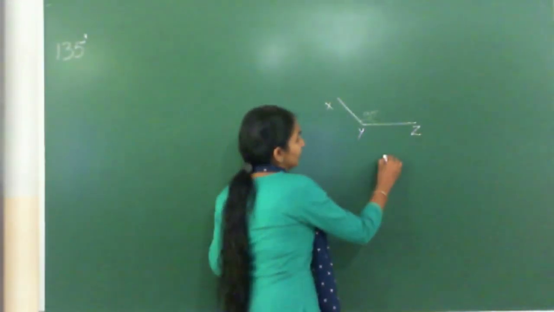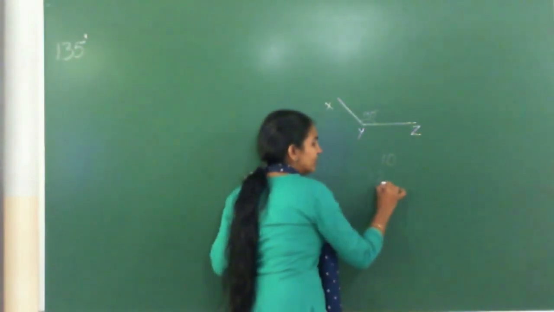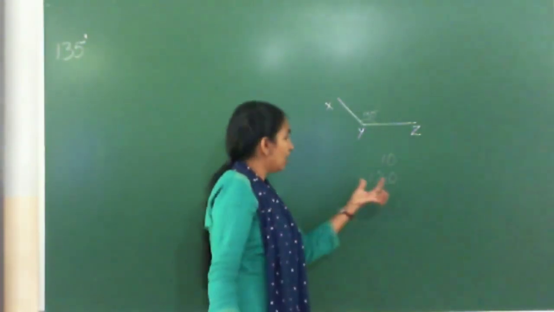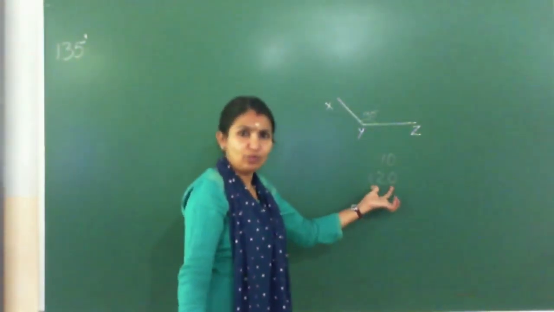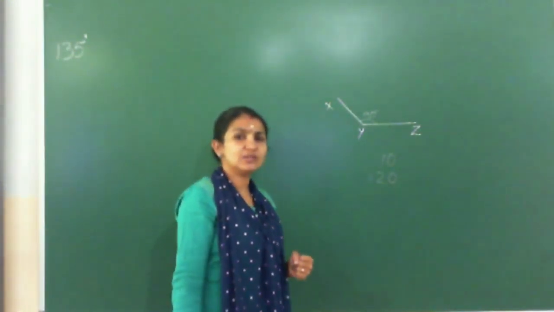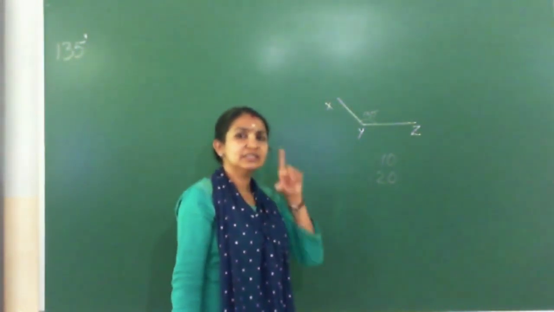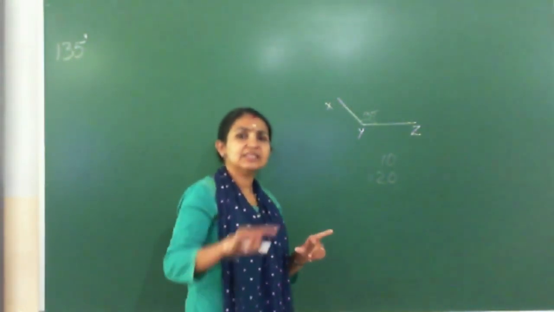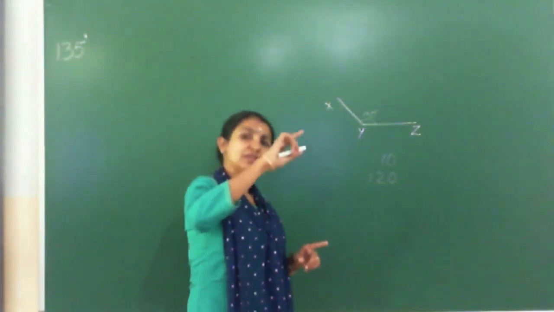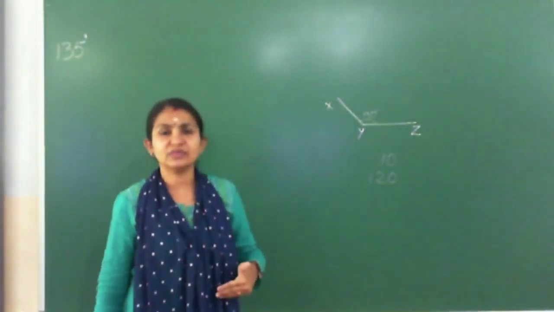We know that 90 degree is there, 120 degree is there. After 120 we know how to construct 180. How can we construct 180? It's the same as we constructed 60 and 120. 60 first, bisecting, 120 the next 60. So what will be the next 60?